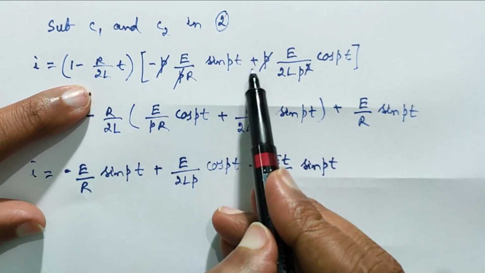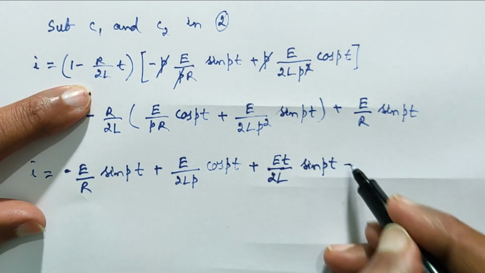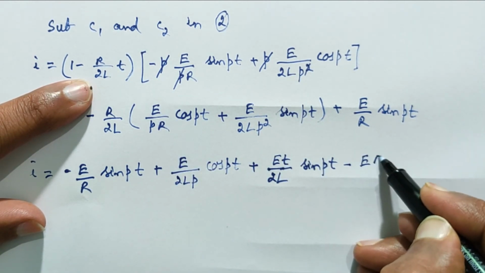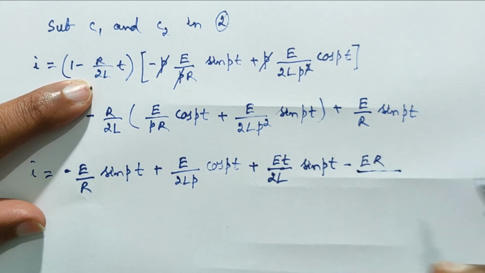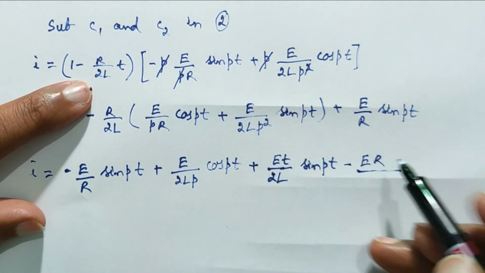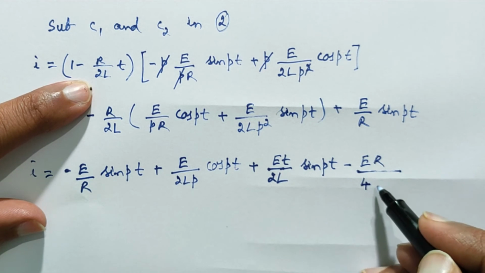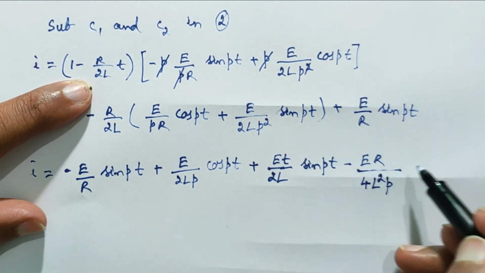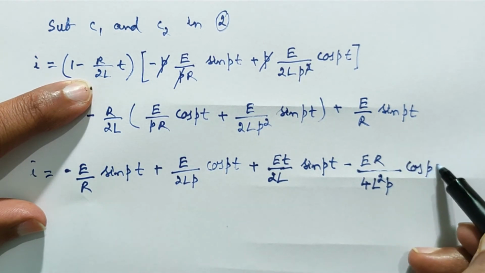Again this minus into plus will become minus. So multiply, it is E into R, that is ER divided by 2 into 2 will be 4, L into L will be L square into P times cos of PT.